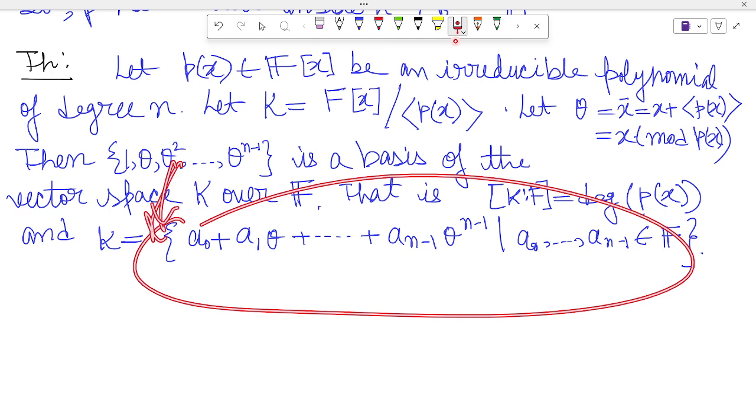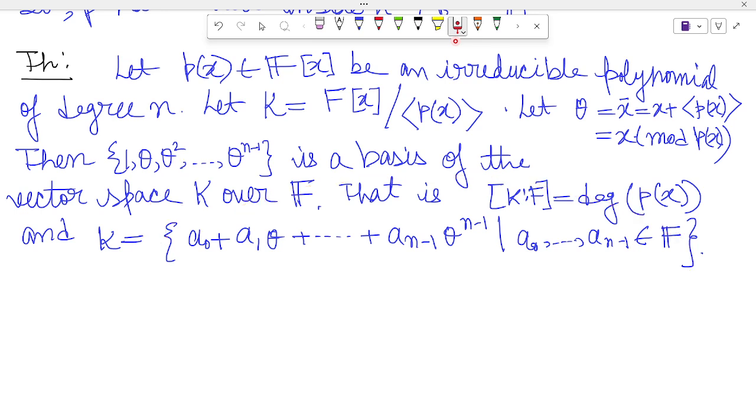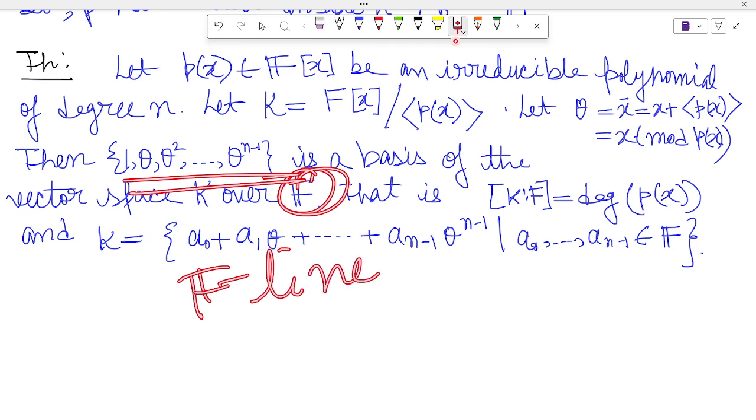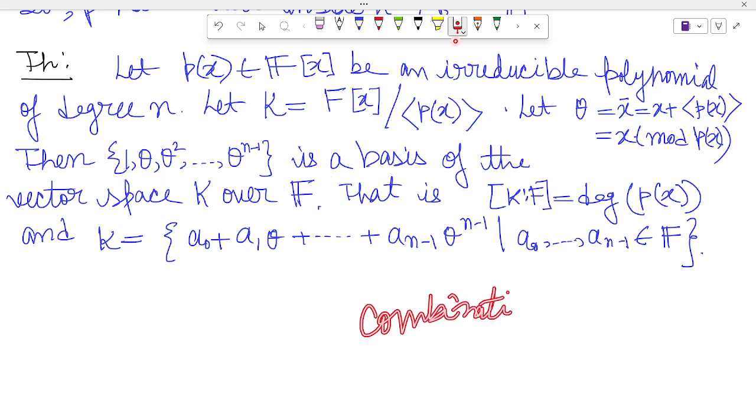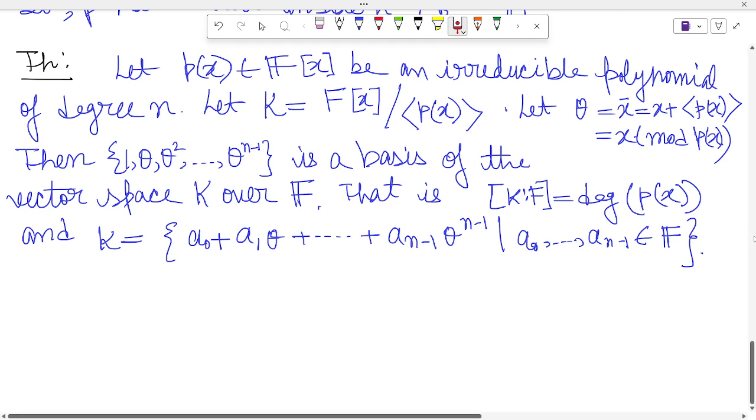It is a basis and the scalars are from F, so it will be an F linear combination. That is fine. Okay. Just look at the statement for some time first. Then I will go to the proof.